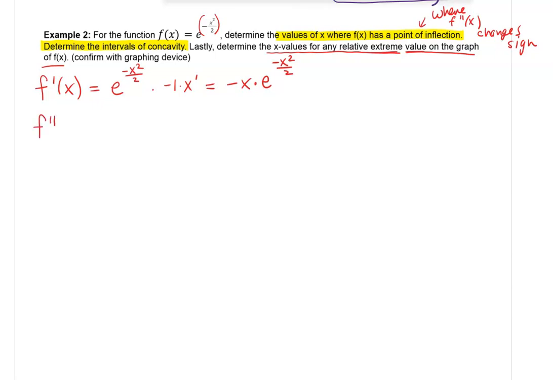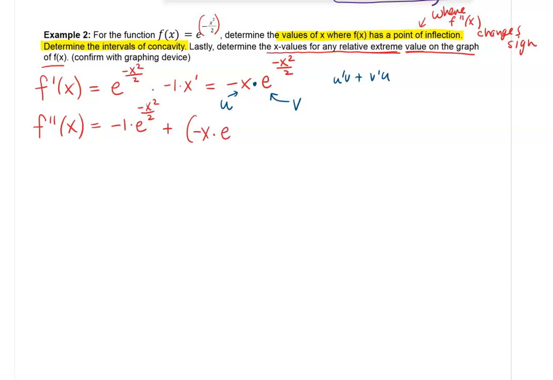But right now, I'm going to first look for intervals of concavity and points of inflection, so I need the second derivative. To do the second derivative, though, I'm going to have to use the product rule because I've got u, which is just y equals negative x, and then v, which is e to the negative x squared over 2. And I'll have to do u prime v plus v prime u, product rule. Okay, so u prime is just -1. v is, of course, e to the negative x squared over 2, plus v prime, which is just this again, because our original function was v, essentially, so this whole thing is v prime.